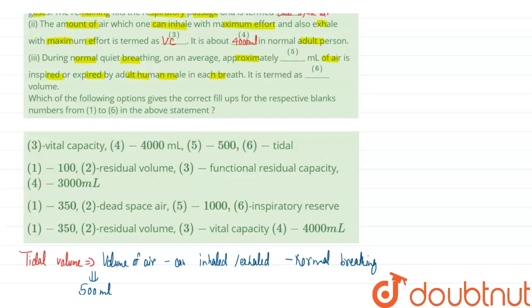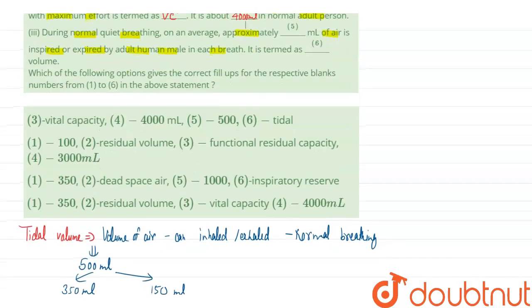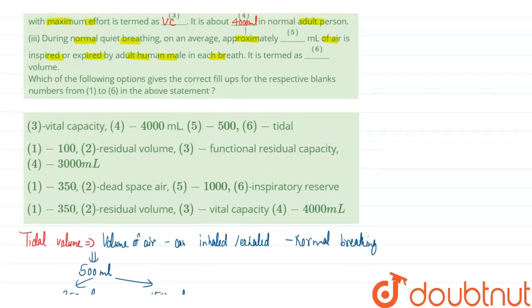It is termed as dash volume. This will be our tidal volume, which can be inspired or expired in normal breathing, as we have already discussed, and its value will be 500 ml.